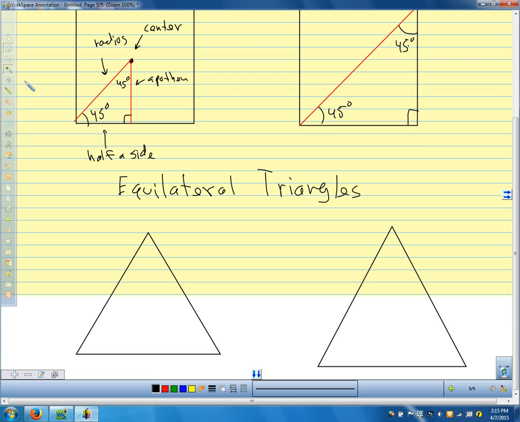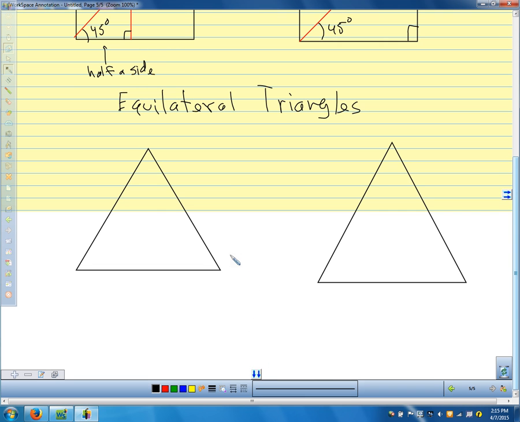All the sides are equal, and all the angles inside the equilateral triangle are the same, so they have to be how many degrees? 60. We have 60-degree angles. That should give us a hint of what kind of special triangle we end up with in an equilateral triangle.